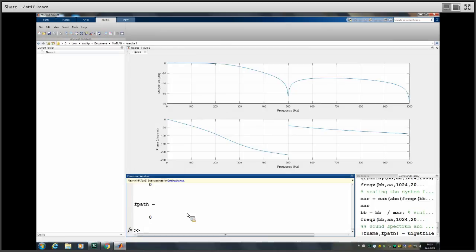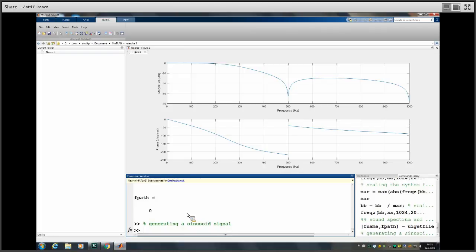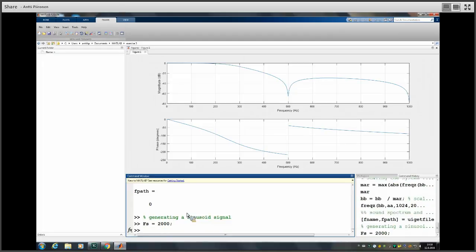For sample rate, I start with the sampling rate, for example, 2000 kilosamples a second. Then, for example, a 1 second long sample.